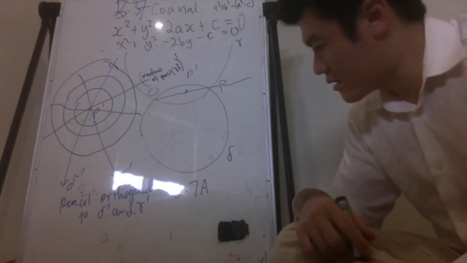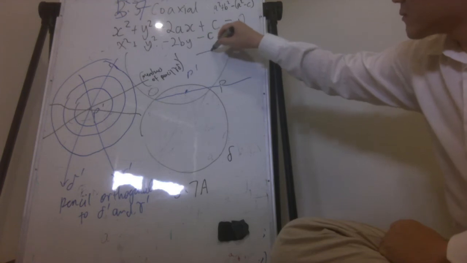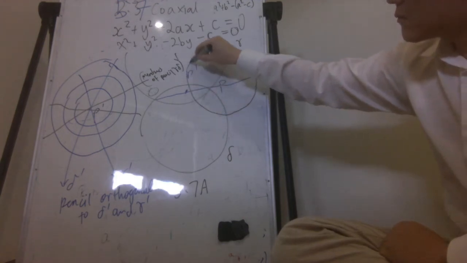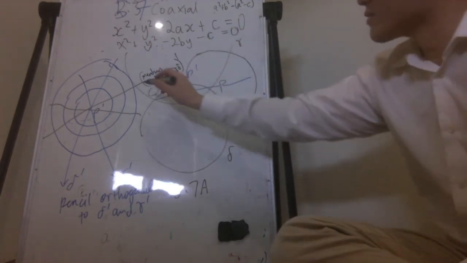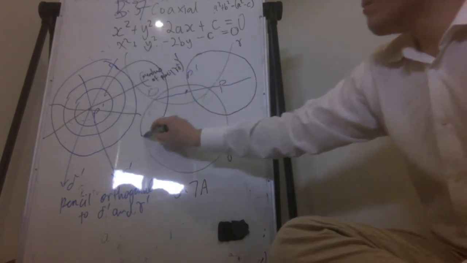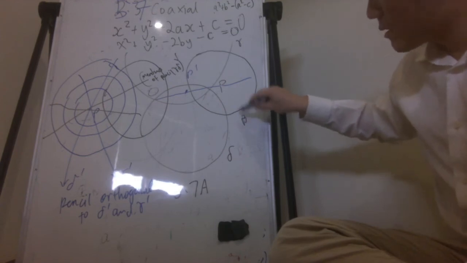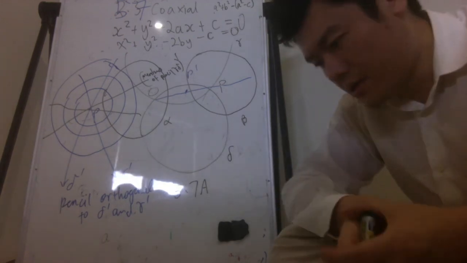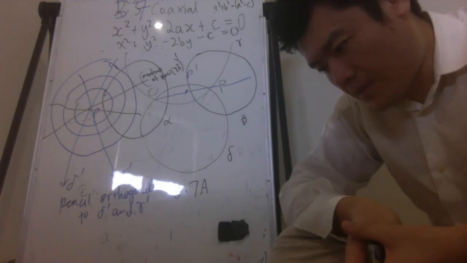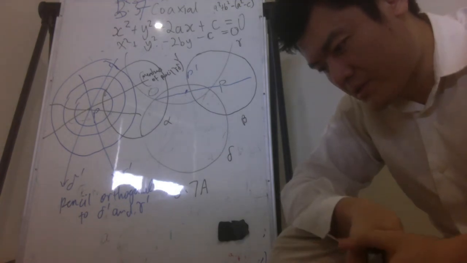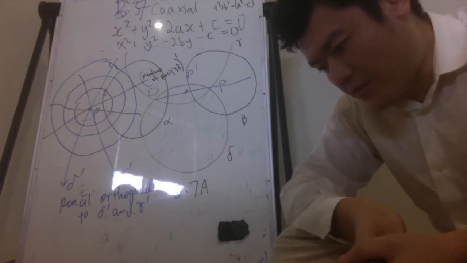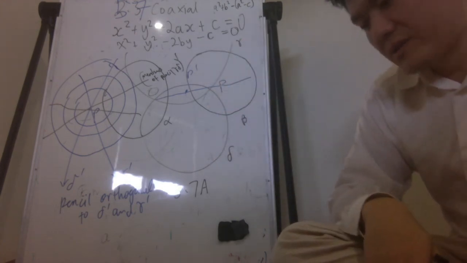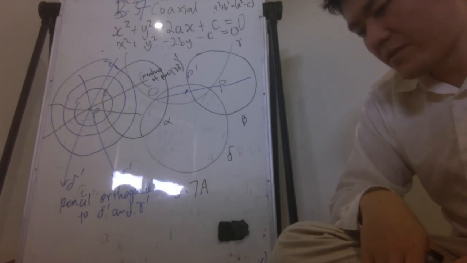We have alpha and beta. For we can easily find gamma and delta in this figure, which are intersecting and orthogonal to both alpha and beta.